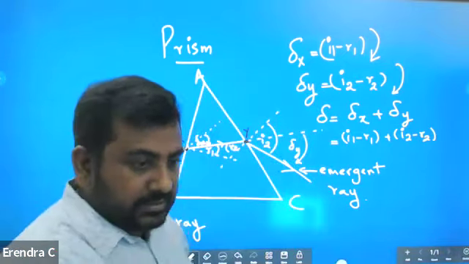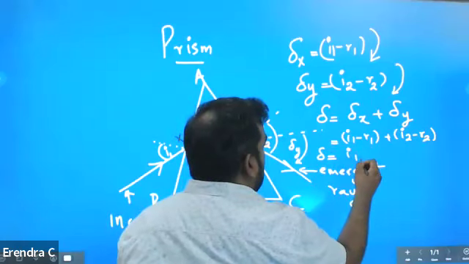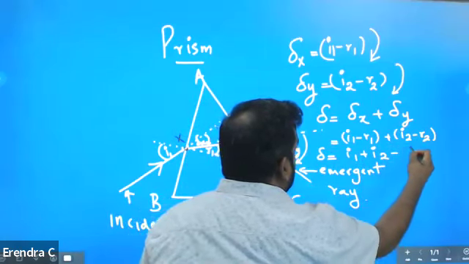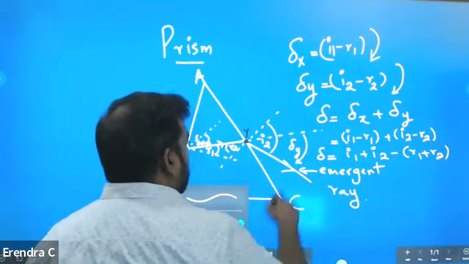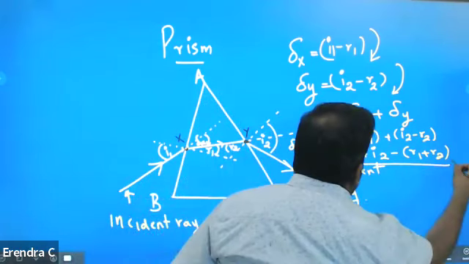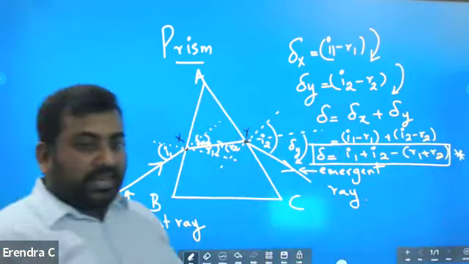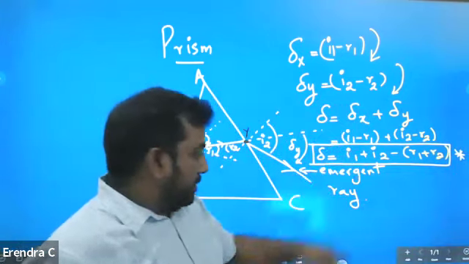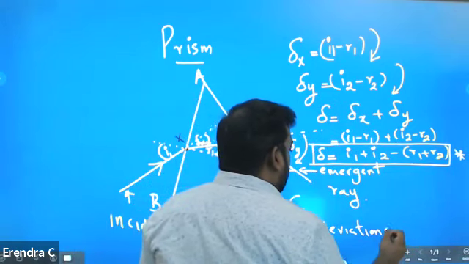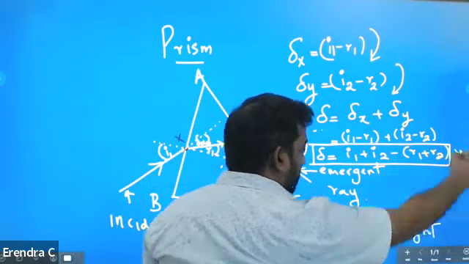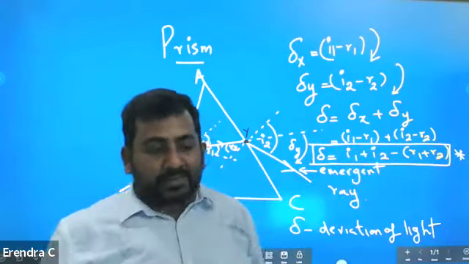Here both are clockwise, so you add directly. So the deviation of light is delta equals I1 plus I2 minus (R1 plus R2). You can take this as a relationship.